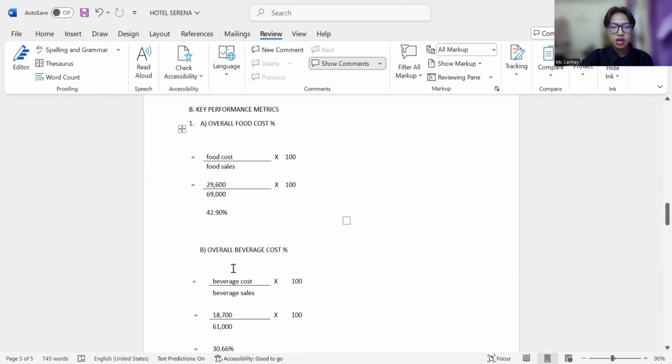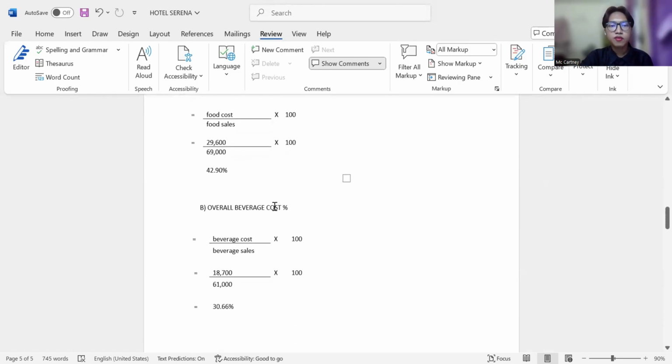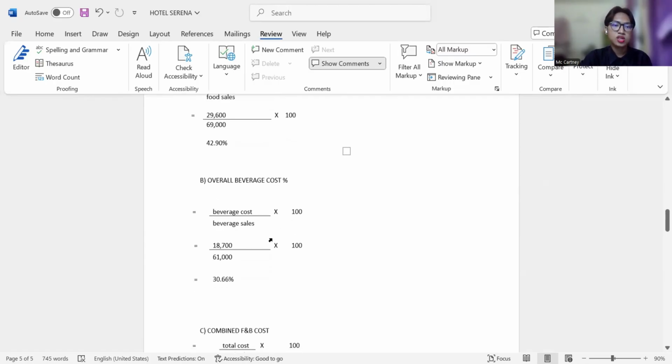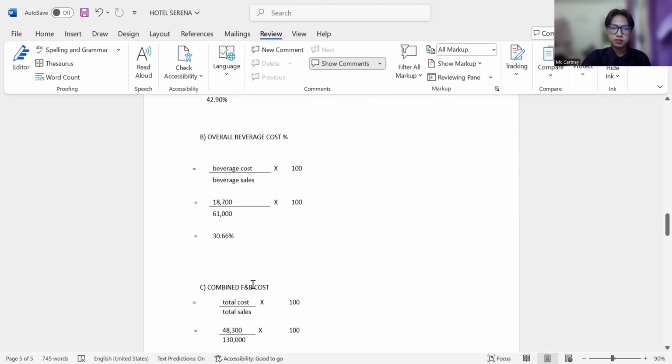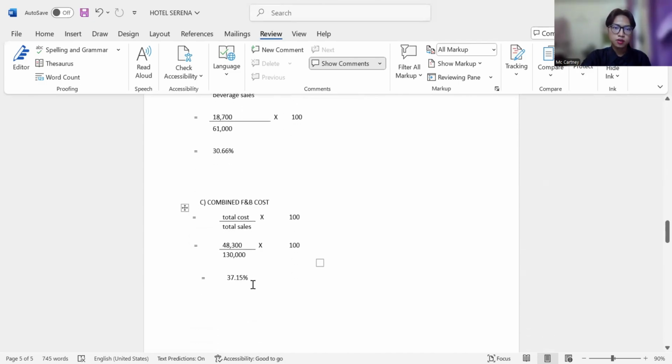We get the answer 42.90%. To calculate overall beverage cost, we use the formula beverage cost over beverage sale multiplied by 100, which is 18,700 over 61,000 multiplied by 100, giving 30.66%.